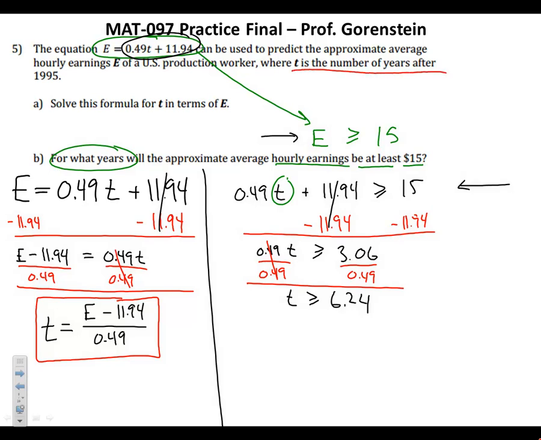T is the number of years after 1995. So 6 years after 1995 would be the year 2001.